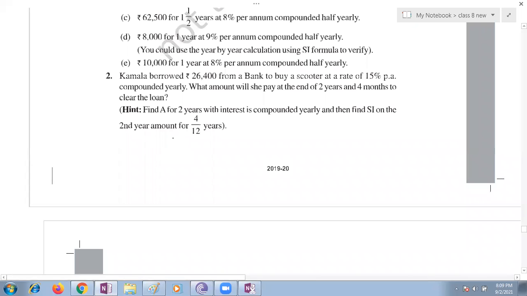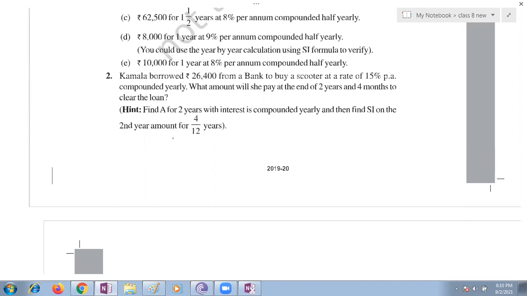Kamala borrowed rupees 26,400 from a bank to buy a scooter at a rate of 15% per annum, compounded yearly. What amount will she pay at the end of 2 years and 4 months to clear the loan? Hint: find A for 2 years with interest compounded yearly, and then find simple interest on the second year amount for 4 by 12 years, which is 1/3.